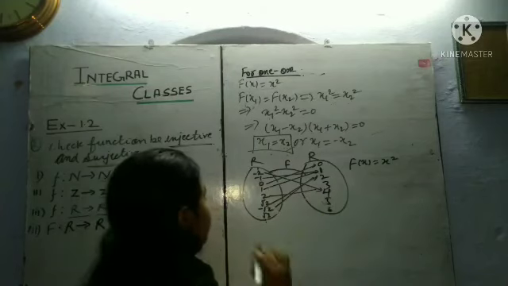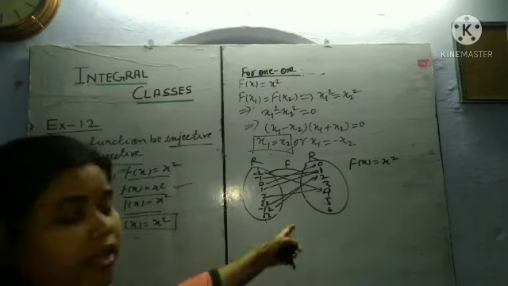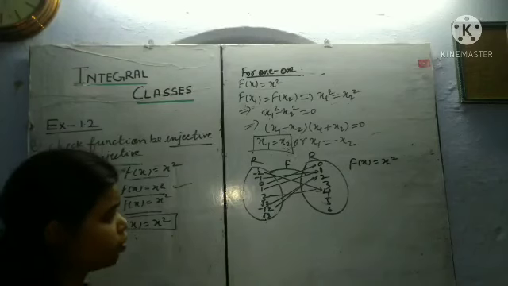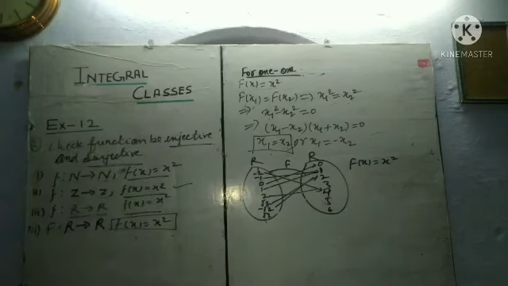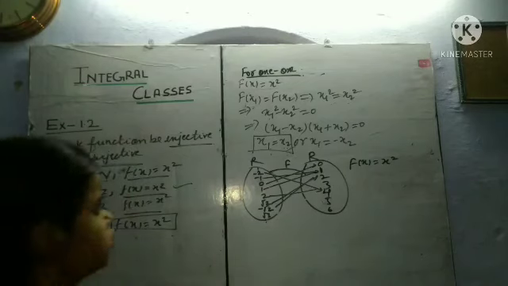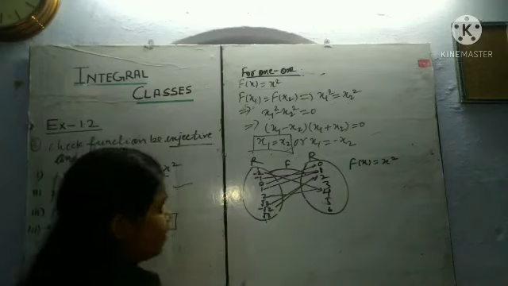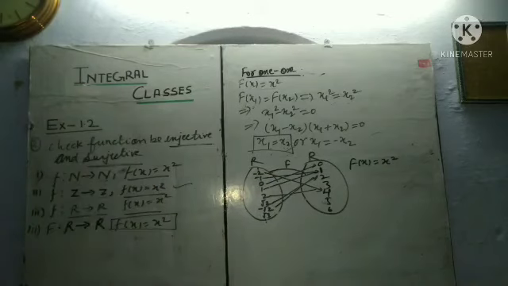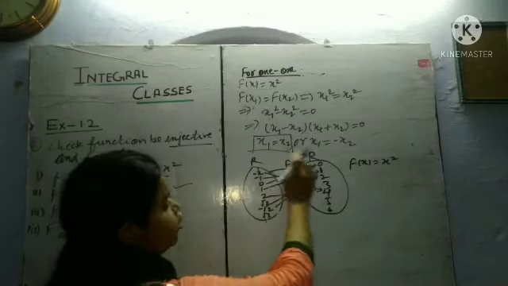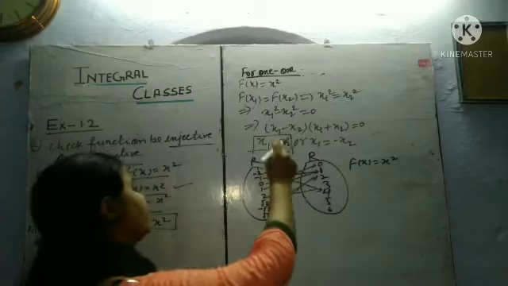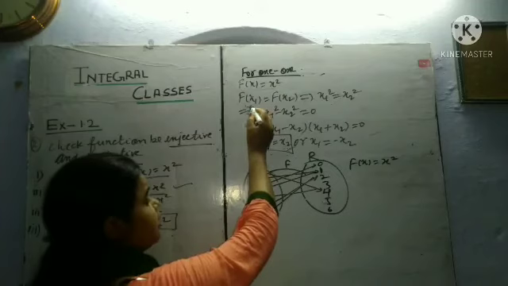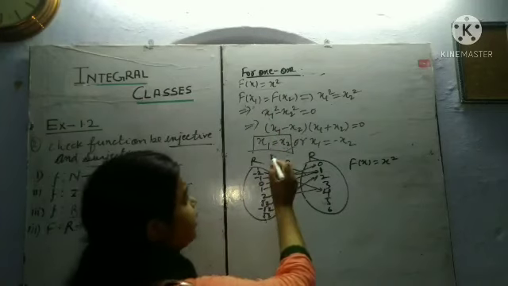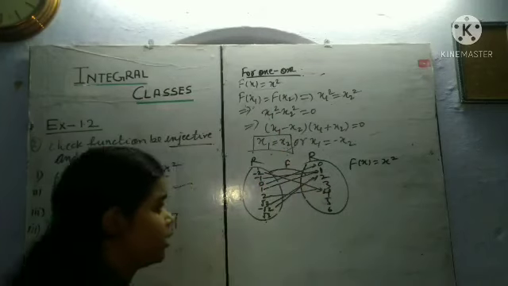But the codomain here also contains negative numbers. So, as we observe here, we consider both negative and positive. Again we will solve by the algebraic method: f(x1) equal to f(x2), then we will get x1 equal to x2 and x1 equal to -x2.